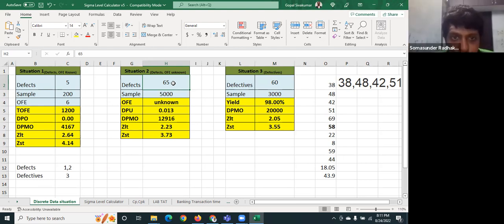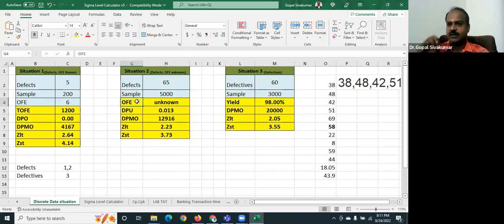So this is a situation where the information about the defect is available, but opportunities for error are not declared. Not declared means it is considered as 1, or you can call it unknown. Unknown means the assumption is 1, and based on the assumption, ZLT, ZST, DPMO, DPU, all are calculated.